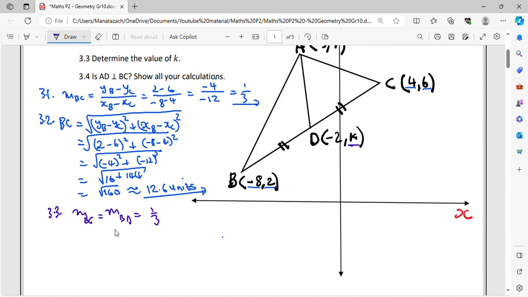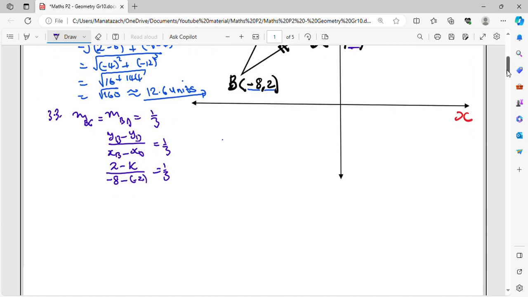So the gradient for BD we can work out as y at B minus y at D divided by x at B minus x at D, equals 1 over 3. Y at B is 2, y at D is k, divided by x at B, which is minus 8, x at D is minus 2. Then all of that is equal to 1 over 3.